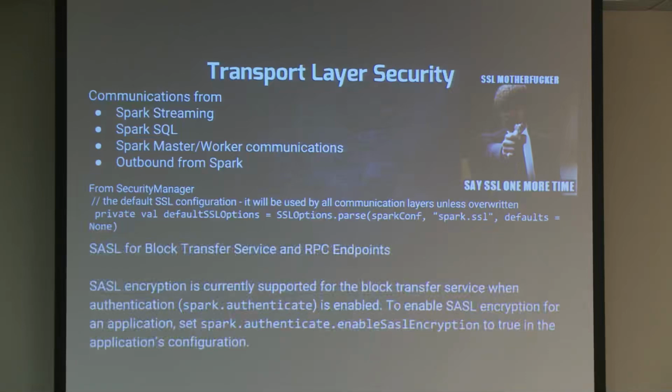With regards to the block transfer service, you've got to do some of the steps at the bottom to do any of that. But just think about what you're plugging Spark into. A lot of the development shops we work with say, we don't want the performance hit of encrypting things behind the firewall, but I just say, do it.